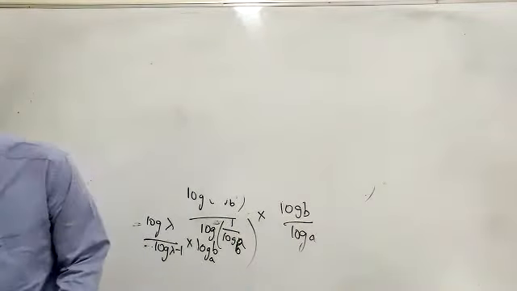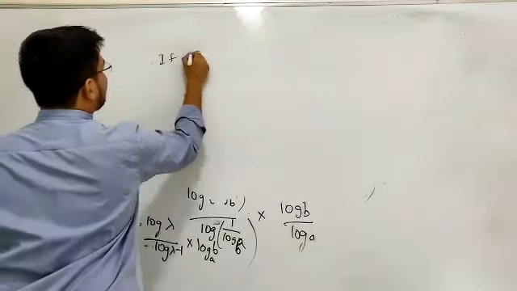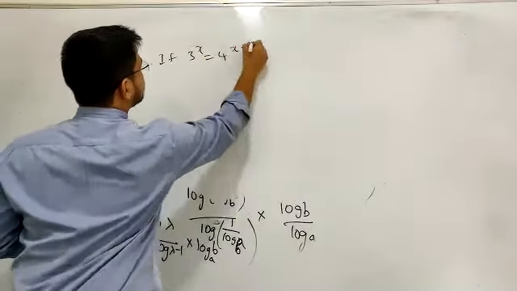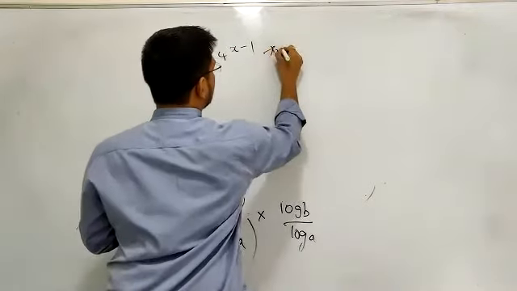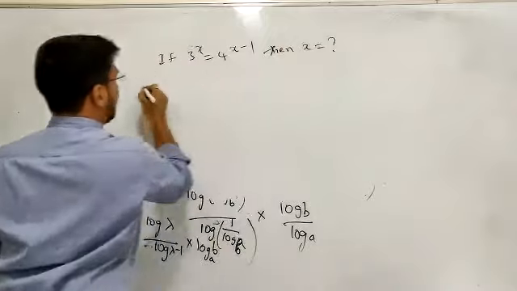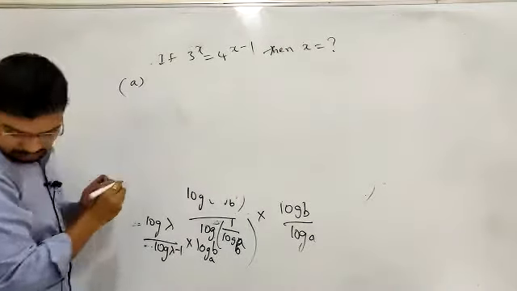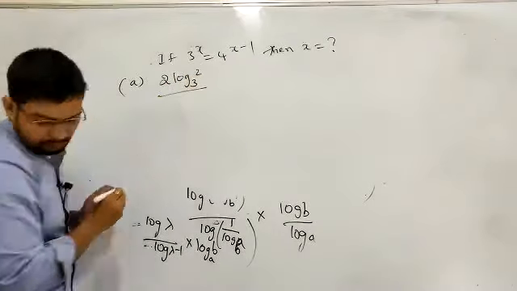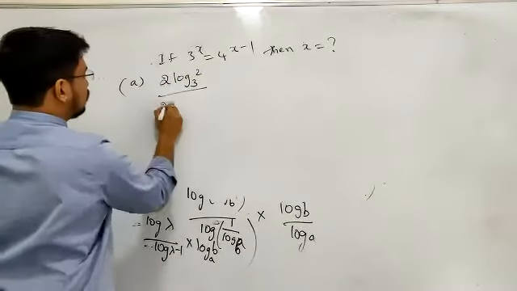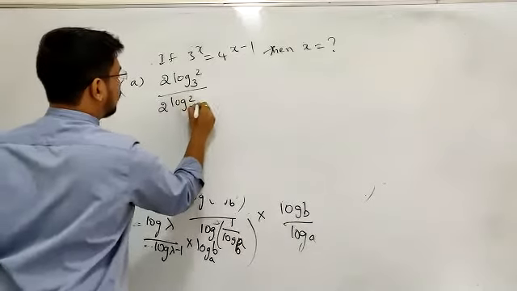Now let's see. If 3 power x is equal to 4 power x minus 1, then x is equal to, I'll say the options. Option A is 2 log 2 to the base 3 divided by 2 log 2 to the base 3 minus 1.